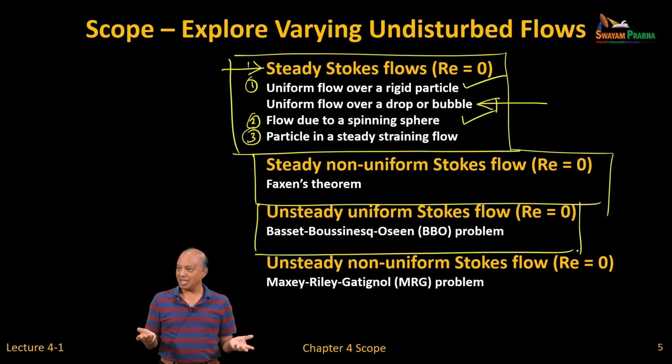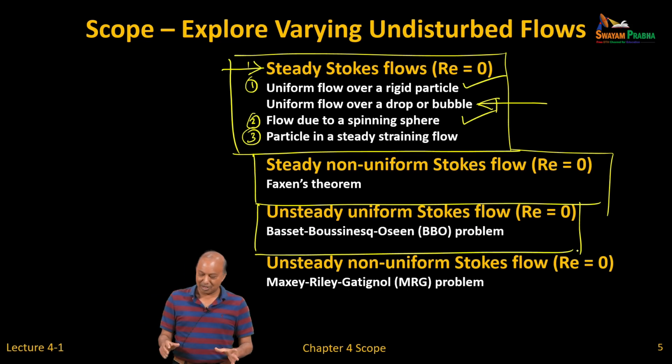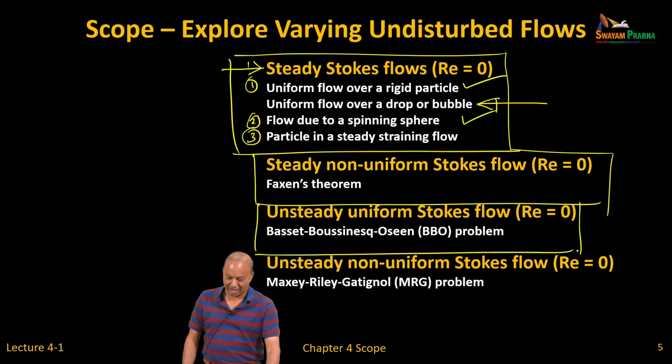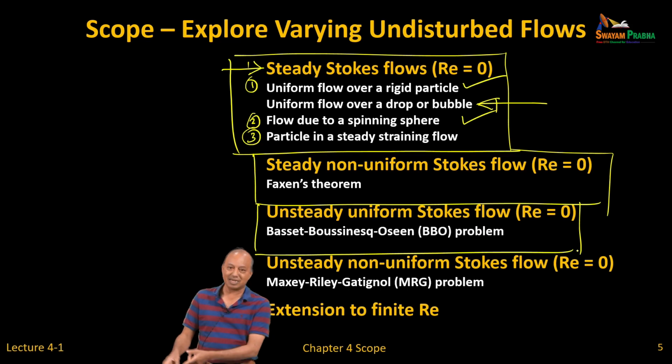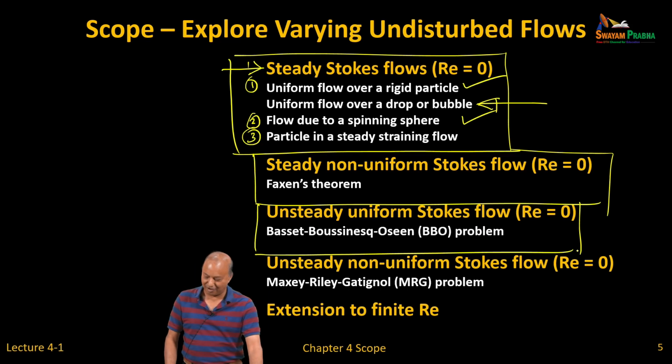Now, in reality, you will have to also go to finite Reynolds number. So even at the one particle level, modeling forces is very complicated, let alone multi-particle interactions. But I want to build that machinery in this lecture, and then, like I said, we will talk about finite Reynolds number.